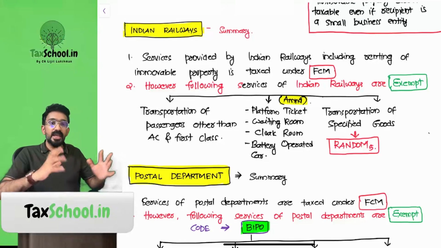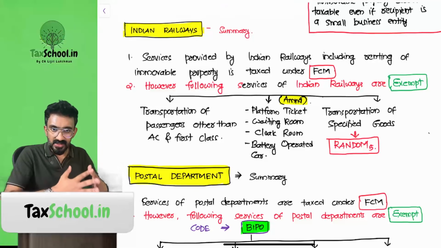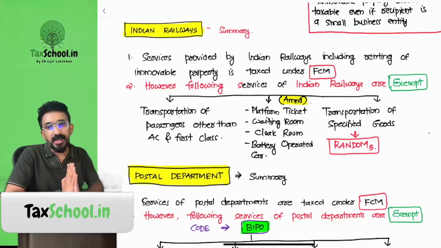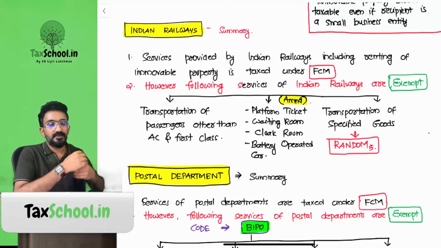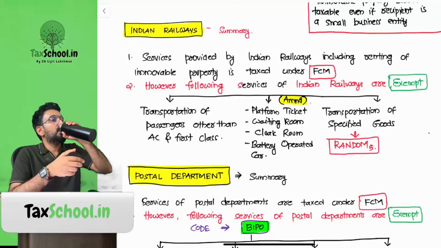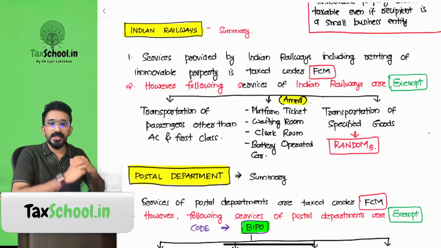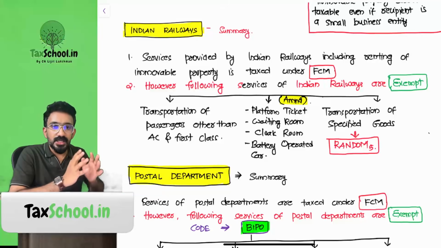So you can imagine wherever Indian Railway is providing a service and it is taxable, only FCM will be applicable. So Indian Railway is liable to pay the taxes. You guys understanding? Okay.